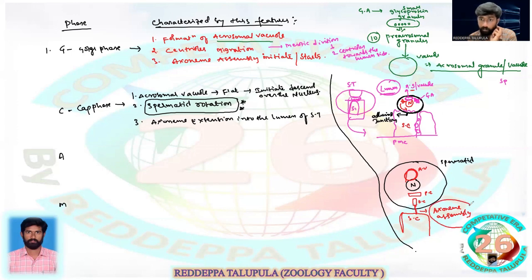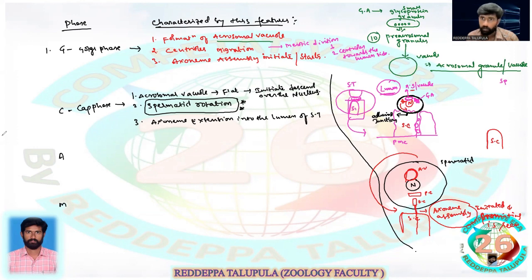Towards the Sertoli cells, axoneme assembly is initiated, and if it is developed like that, it will be incorporated into the Sertoli cells. So the direction needs to be shifted. The spermatid which is present here will rotate and become like this, with the Sertoli cells present here.